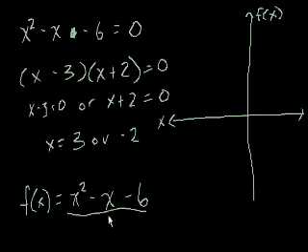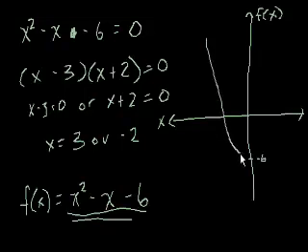If I were to graph this equation, it'll look something like this. This is f of x equals minus 6. And the graph will kind of do something like this. It'll go up. It'll keep going up in that direction. And I know it goes through minus 6 because when x equals 0, f of x is equal to minus 6. So I know it goes through this point.